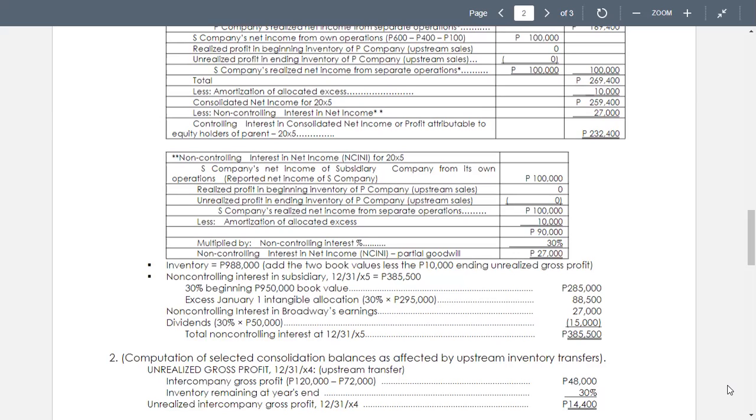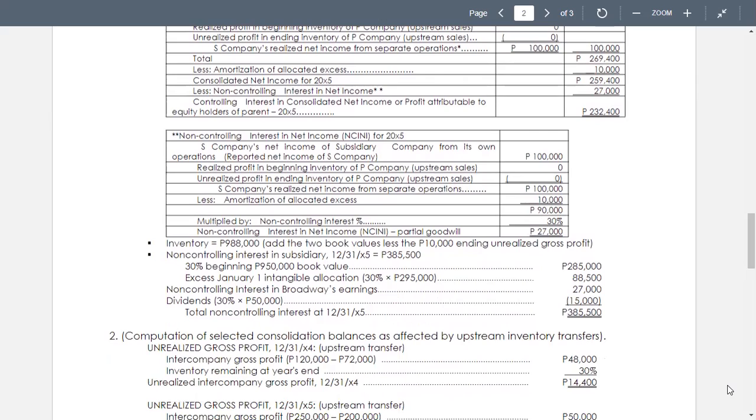So we have the unrealized gross profit, assuming an upstream sale, intercompany gross profit of 120,000 minus 72,000. So it involves a difference of 48,000. 48,000 multiplied by 30%. So we have the result of 14,400. That's the unrealized intercompany gross profit. Unrealized because of the ending inventory.